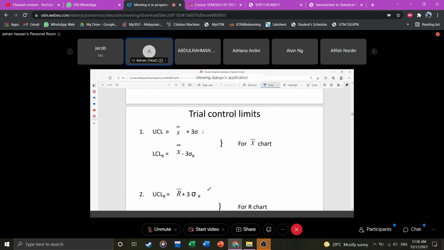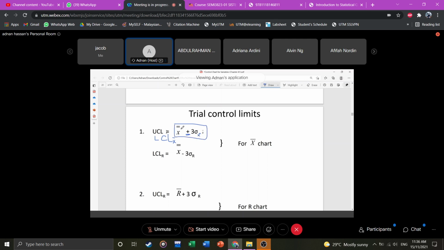Right, the control limits, I mentioned this last time: X double bar plus minus 3 sigma X bar, for the X bar chart, upper control limit and lower control limit. So you're going to have X double bar plus minus 3 sigma X bar.